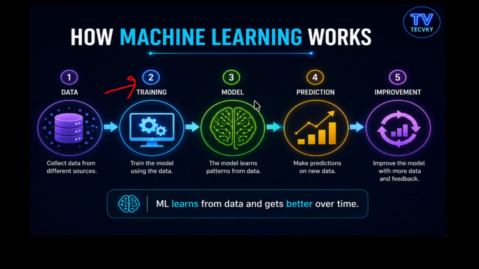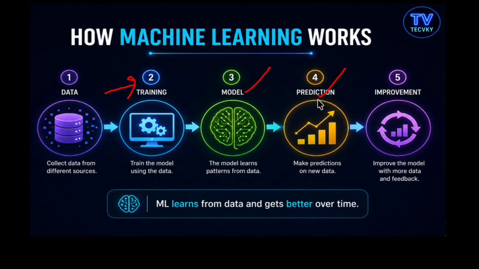After training is complete, the model can be tested using new data it has never seen before. This helps us measure how accurately it has learned. Once the model performs well, it can be deployed to make predictions or decisions in real world situations.